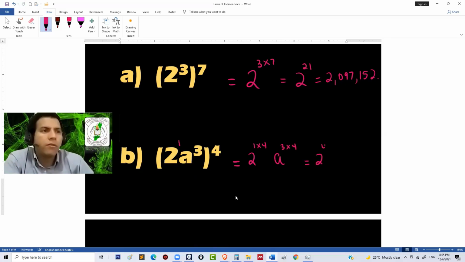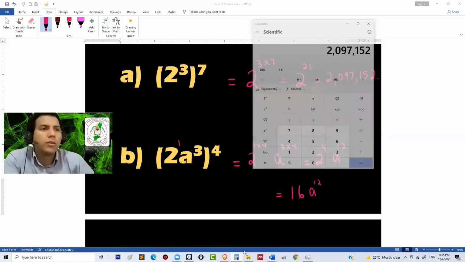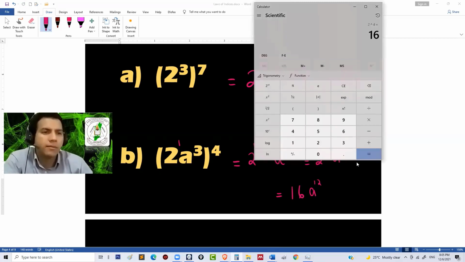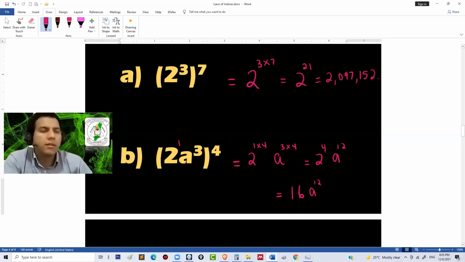So 2 power 4 and a power 12. Now we need to evaluate 2 power 4. 2 power 4 equals 16. So 16, a power 12 is the answer.